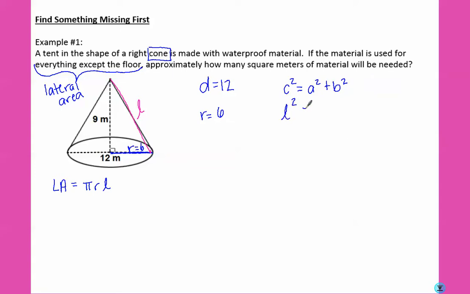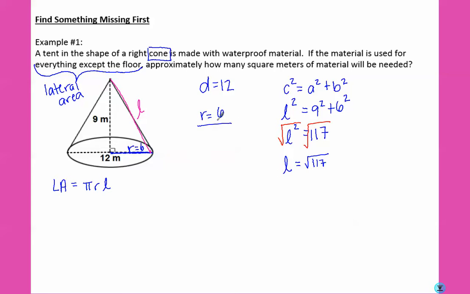So L squared equals 9 squared plus 6 squared. 9 squared plus 6 squared give you 117. So L squared equals 117. Then we got to square root both sides. And if we type the square root of 117 into our calculator, we get a decimal. So we're just going to leave it as L equals the square root of 117.